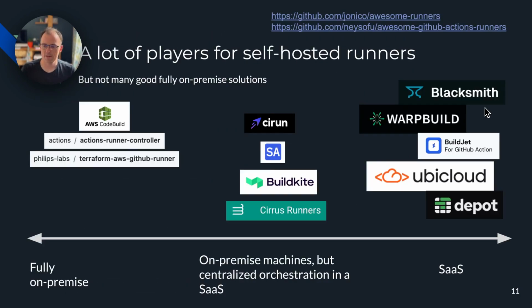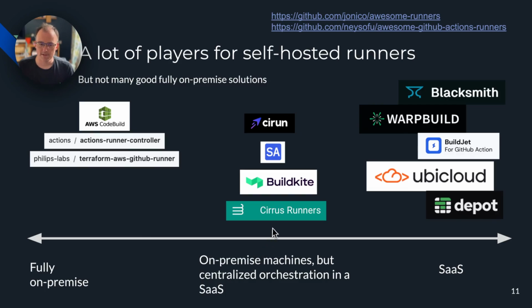So let's have a look at the market. I've put here three columns. On the right, you have the third parties, software as a service. You have quite a lot of choice here, with a new one every month or so. On the left, you have the fully on-premise options: the Action Runner Controller, the Terraform provider, and a newcomer, AWS CodeBuild, which allows you to manage runners within your AWS infrastructure.